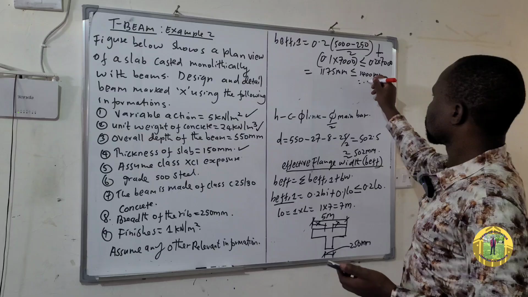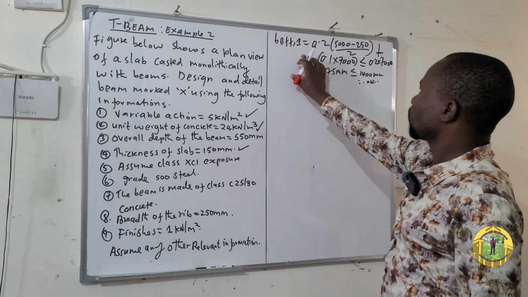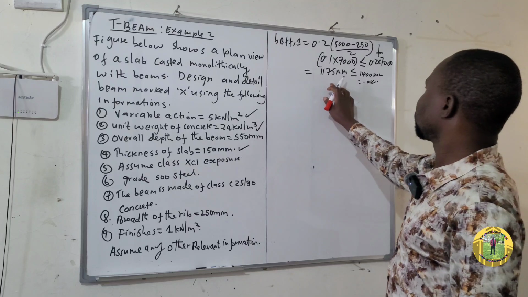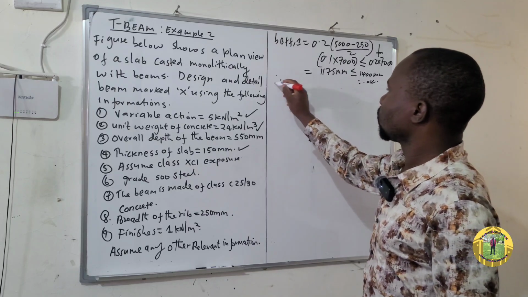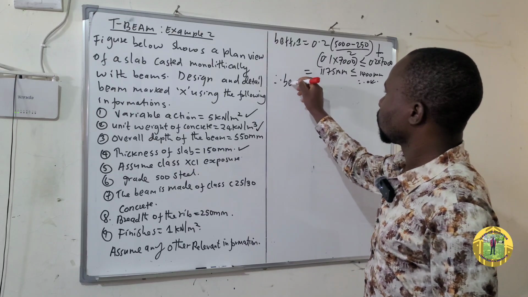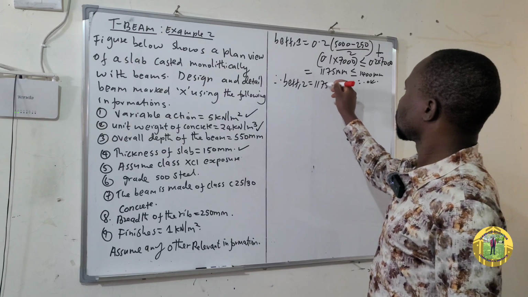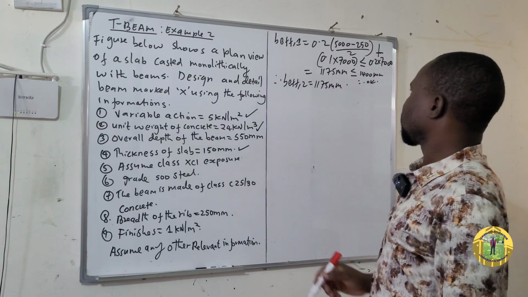Therefore, OK. So if our B effective 1 is equal to 1175 millimeter, therefore, also B effective 2 is equal to 1175 millimeter.